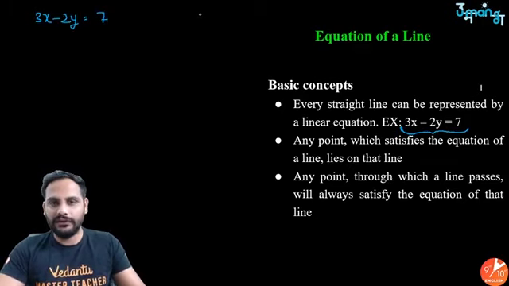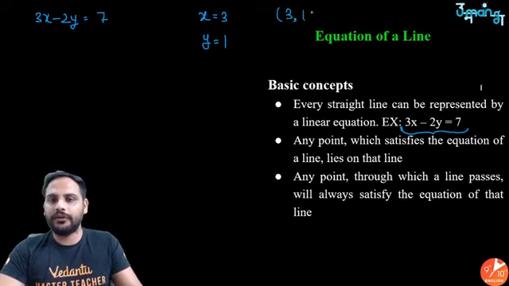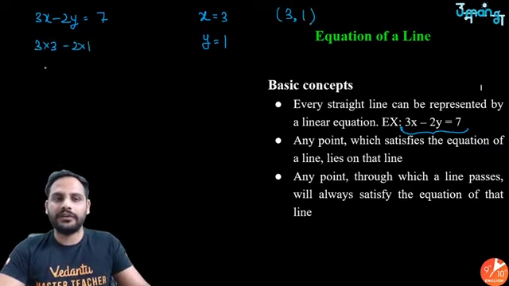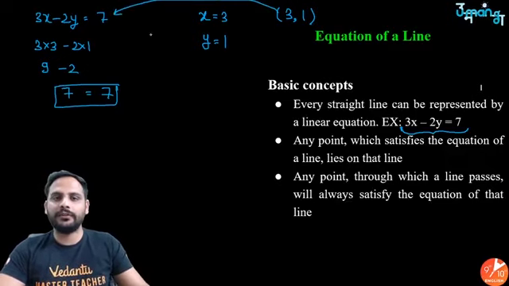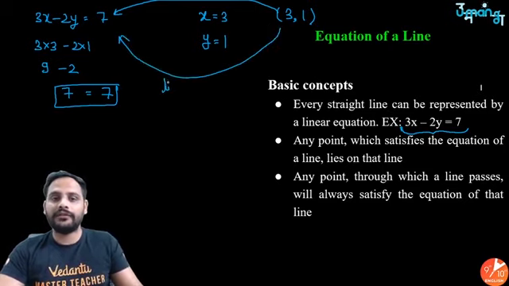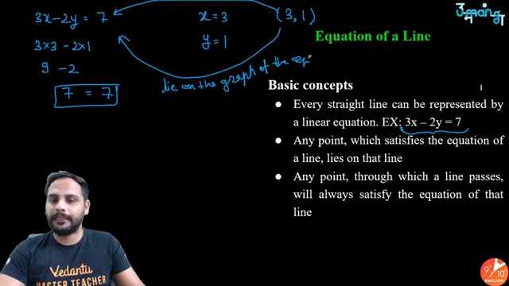I am saying the value of x is equal to 3, put y equal to 1. I am giving you a point 3 comma 1. So 3 into 3 minus 2 into 1. 3 into 3 is 9 minus 2, which is 7. See, LHS and RHS are equal. That means 3 comma 1 satisfies this equation. So 3 comma 1 will also lie on the graph of the equation. As simple as that. Got it?